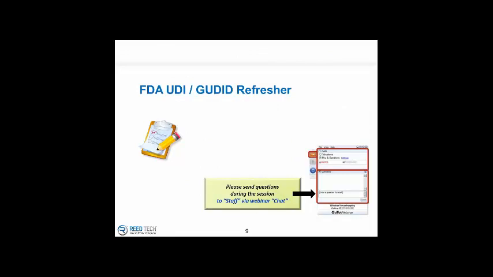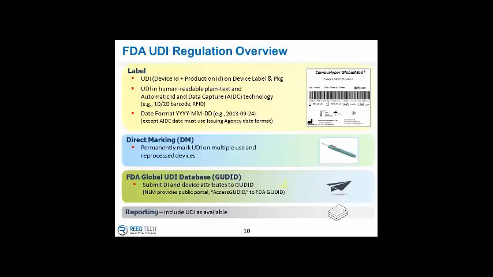profile of ReedTech. Let's move over to the FDA and level set the conversation for what UDI is and GUDID in particular. So the Unique Device Identification Final Rule has 4 major components, and quickly, it affects the label that you put on your product.